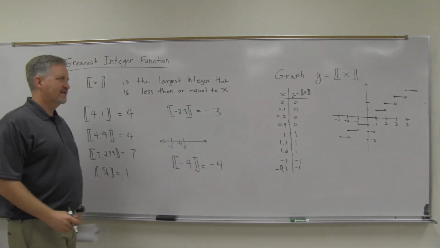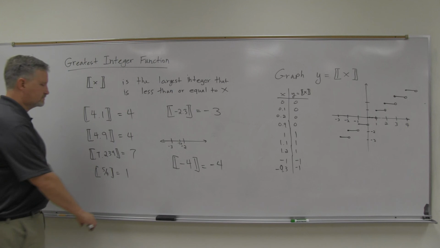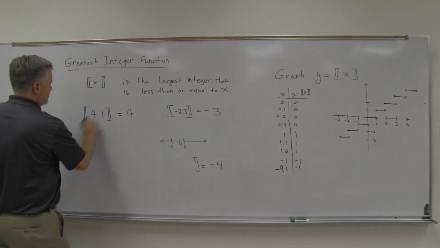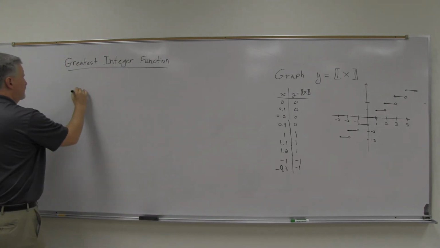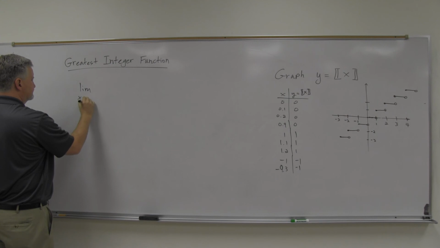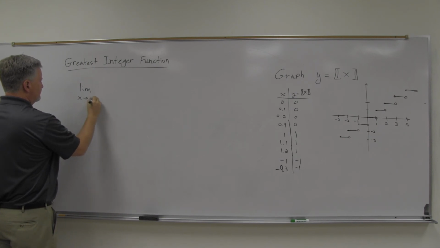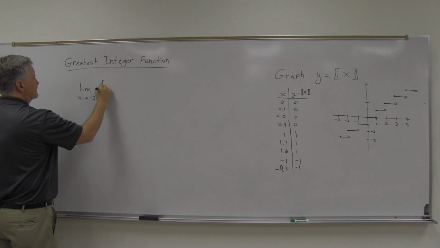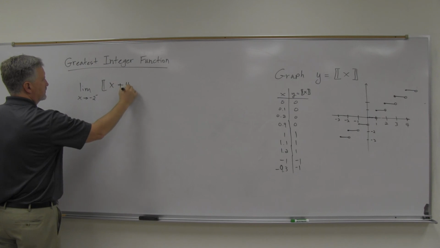All right. Well, they might then ask, I guess you have to graph it to see, but what if we threw a limit in there? Let's say we do the limit as x approaches negative 2 from the left of the greatest integer of x plus 4.